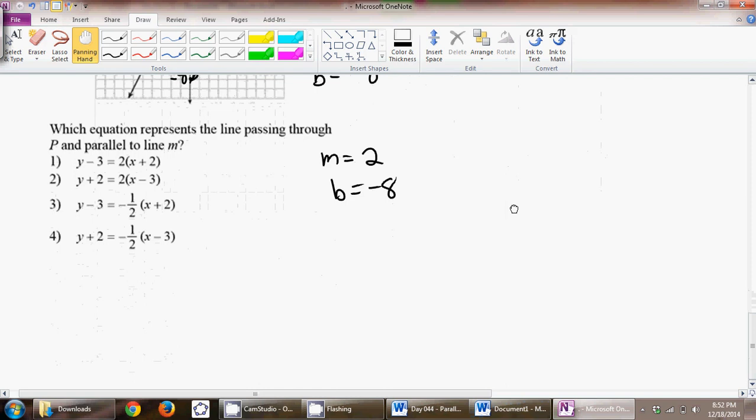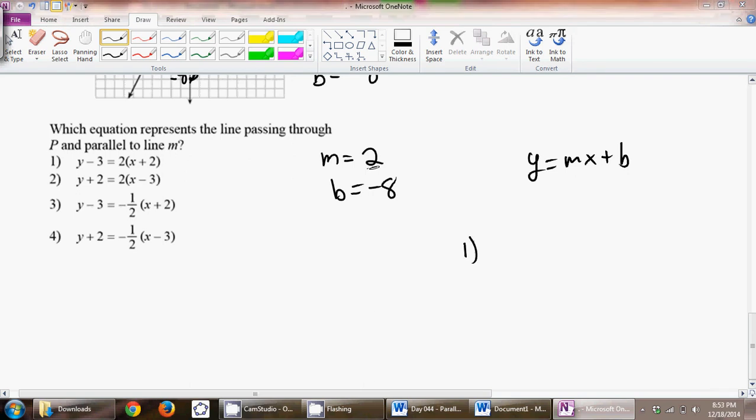Well, they're a little bit tricky in the sense that they're not writing it as y equals mx plus b. But we kind of have to unravel them and put them into y equals mx plus b form and look for the one that has a slope of 2 and a y-intercept of -8.